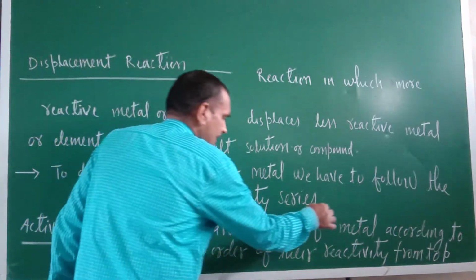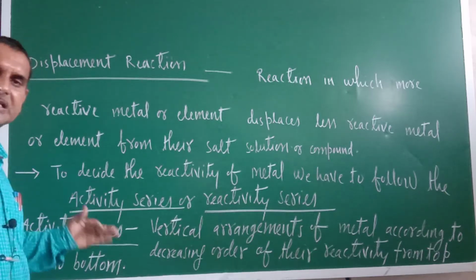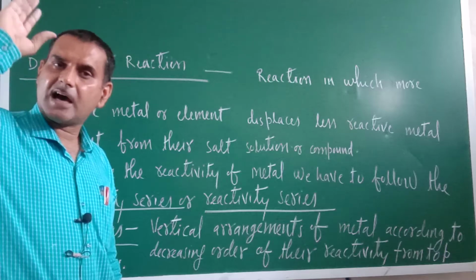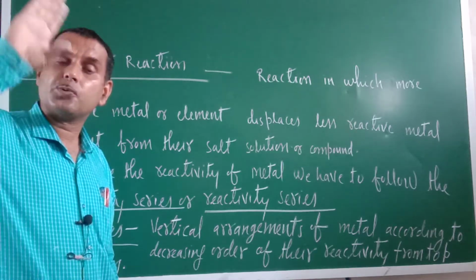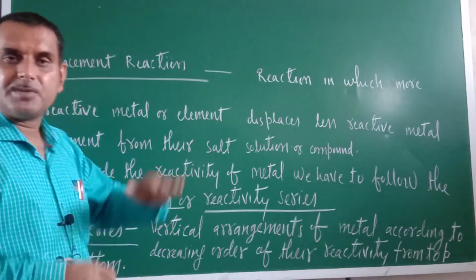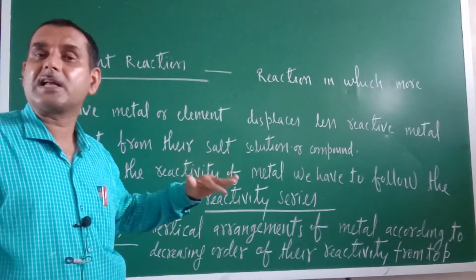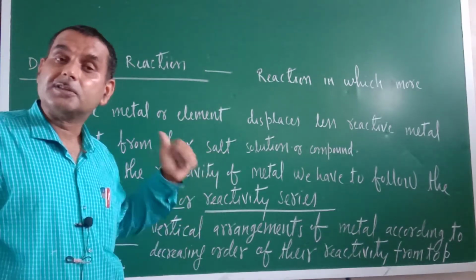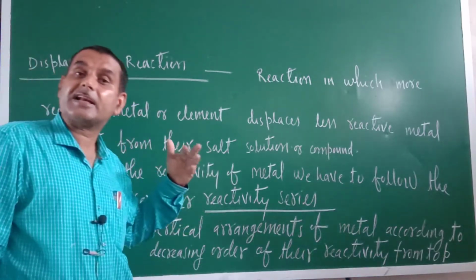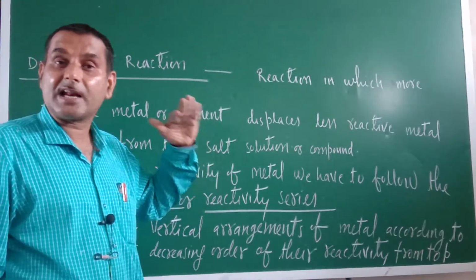What is that one? Reactivity series or activity series. Actually this is the series in which elements or metals are arranged according to decreasing order of their reactivity from top to bottom.